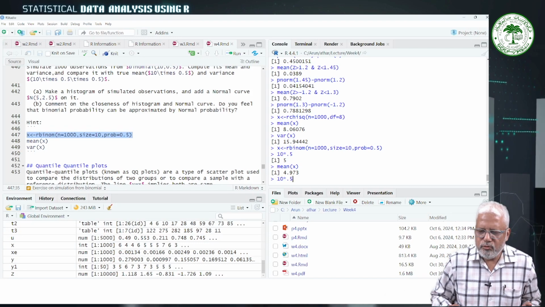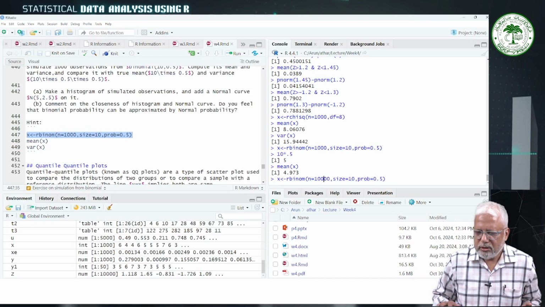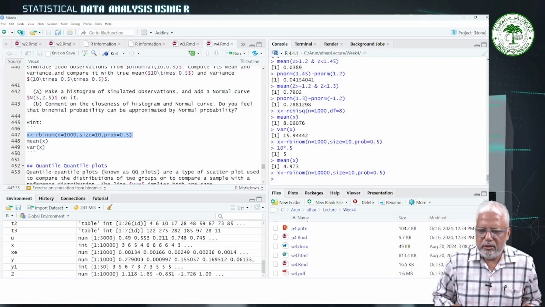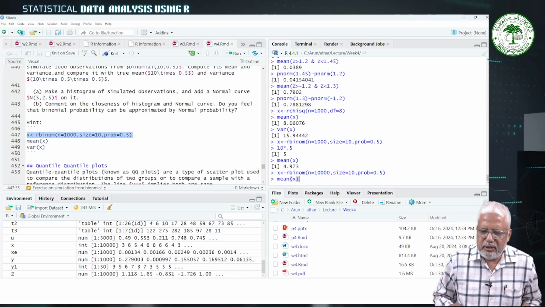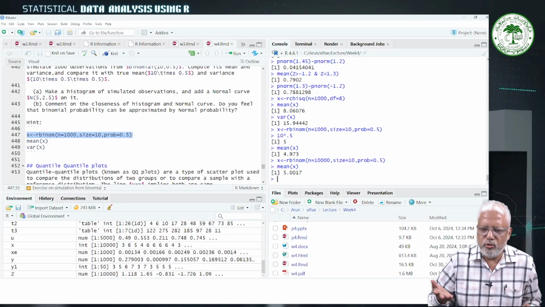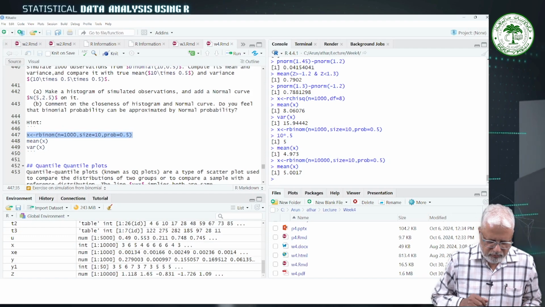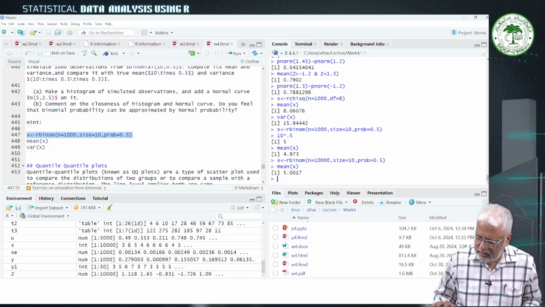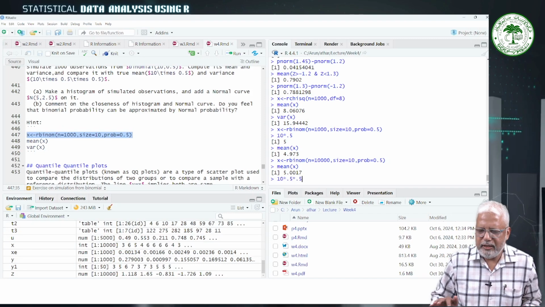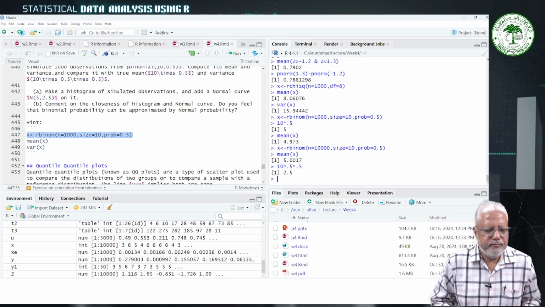Even if you increase the size of simulation, instead of 1000, if we generate 10,000, the mean is 5.01. So, it gets closer and closer. And what is the variance? The variance is nothing but 10 into 0.5 into 0.5. So, variance should be 2.5.